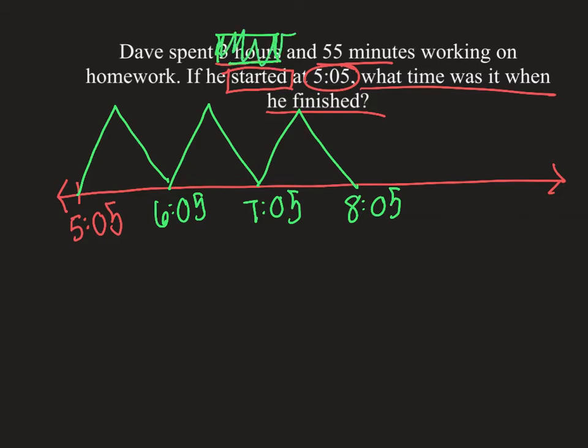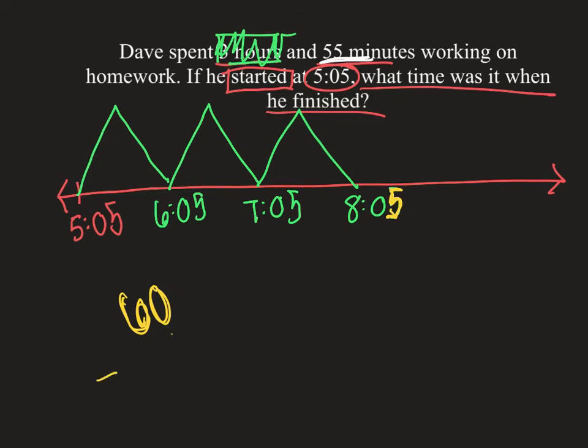Next, I have 55 minutes. Well, I can see here that I'm trying to get to 9 o'clock, right? And 55 minutes is exactly the right amount that gets me to 9 o'clock. So to see if that's correct, I can do 60, because that's what a full hour is, right? And we've already spent 5 of those minutes because it's 8:05.